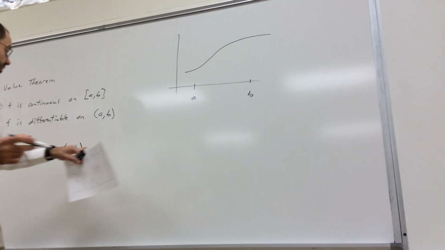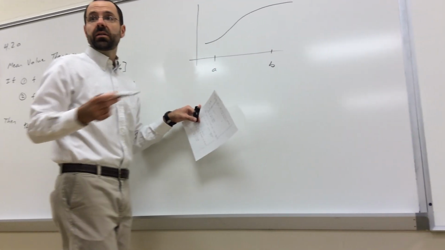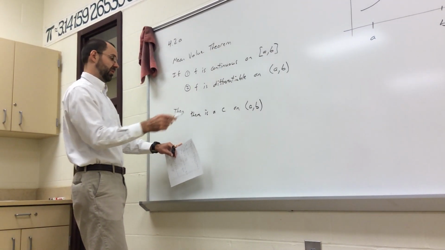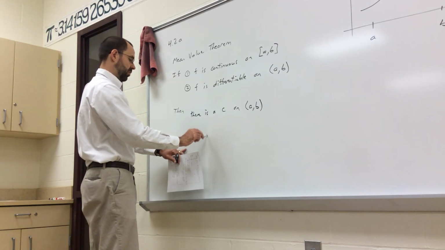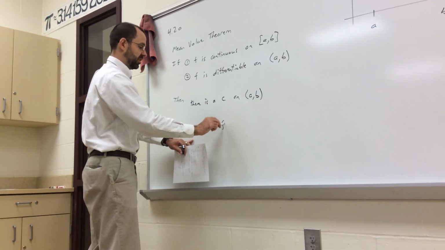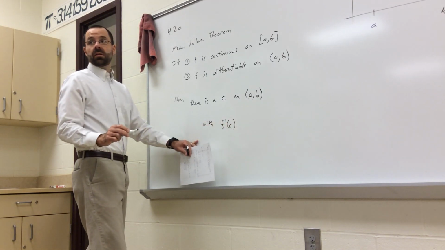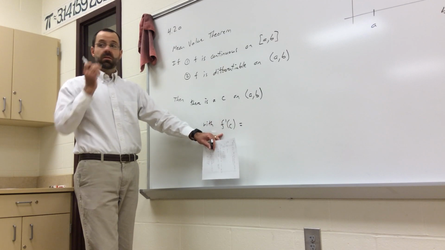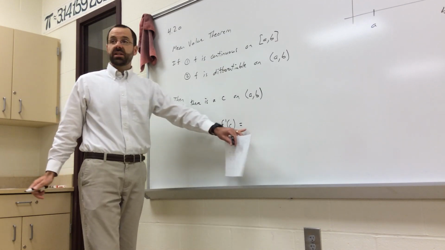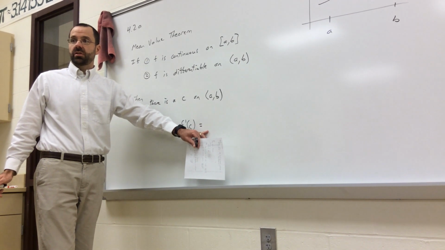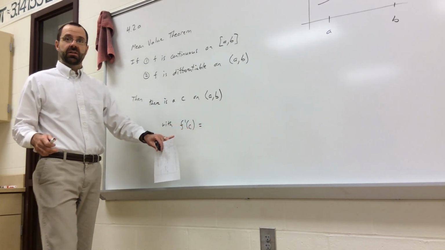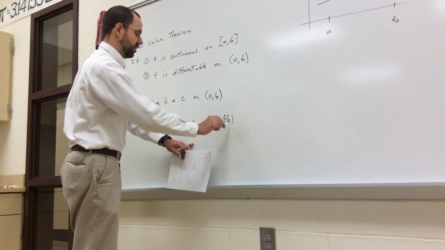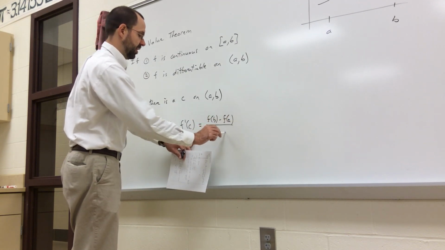And it's just saying that there's a number C somewhere in between A and B. Okay, here's what happens at C. There's a C in between A and B with the slope at C equaling, and what I'm going to write down here is the average rate of change, but I'm going to write it in the math way. The average rate of change is f of B minus f of A all over B minus A.